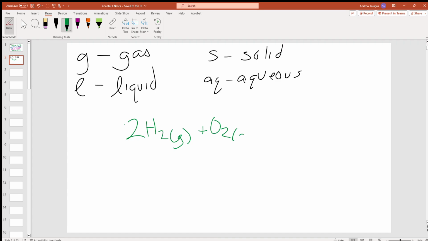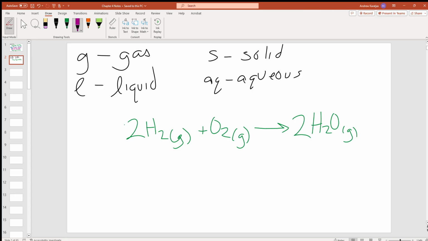But again, to put this one back up here, how much good does it do us to think of it in the context we just presented? 2 molecules of hydrogen reacting with 1 molecule of oxygen forms 2 molecules of water. Well, how big is a molecule of water? The answer is very, very small.